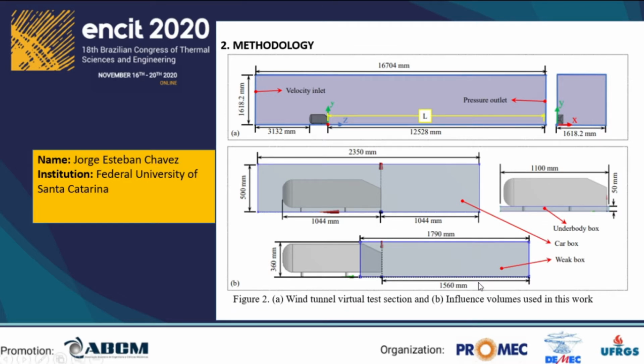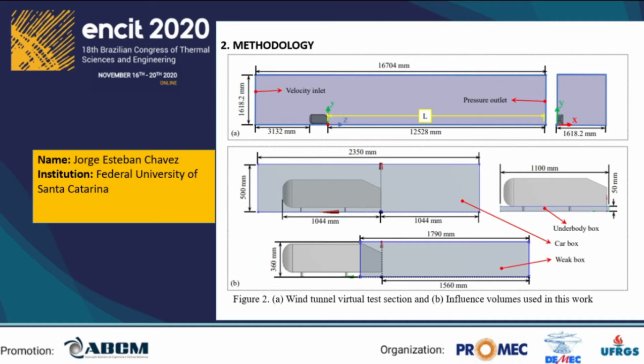Using the refinement strategy based on volumes of influence, which allows combining different types of elements within a mesh and directly controlling the size of the cells, 3 volumes were introduced as shown in figure 2b. The first, the car box influence geometry, was located in the entire region surrounding the surface of the Ahmed geometry. The second one was the underbody box, which was positioned between the road and the ground-facing surface of the geometry, to obtain the main features around the stilts and the rear area, shown at the top right of figure 2b.